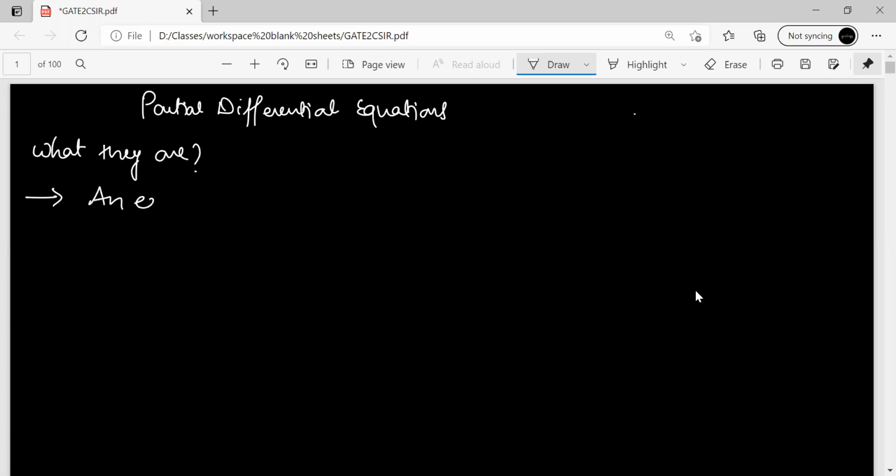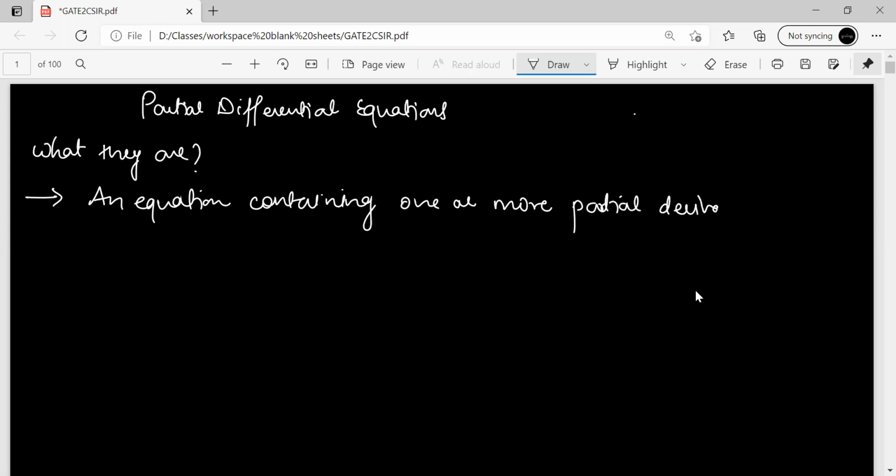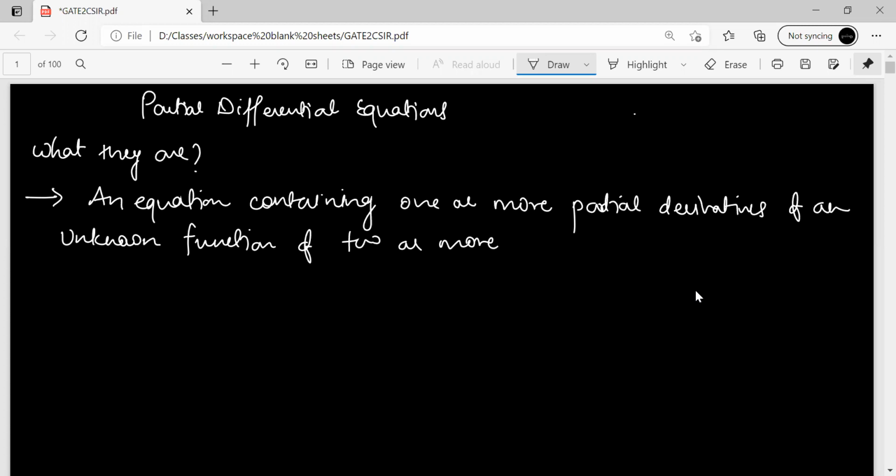It's basically an equation containing one or more partial derivatives of an unknown function of two or more independent variables.